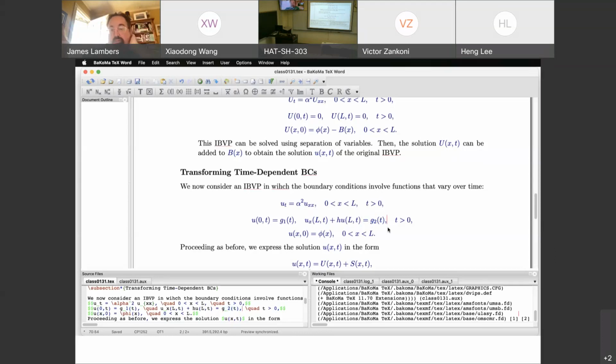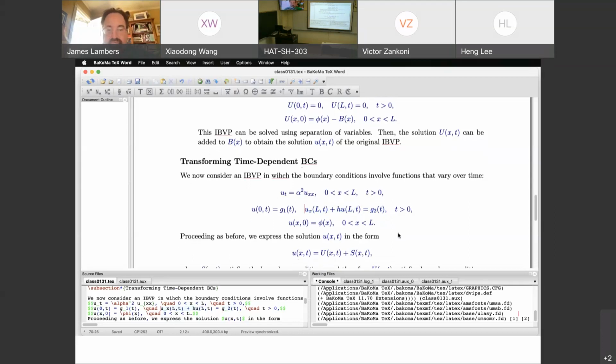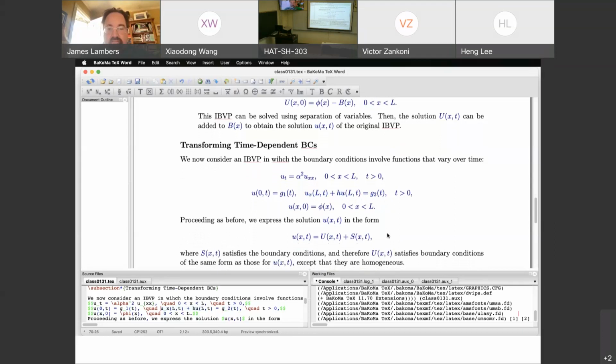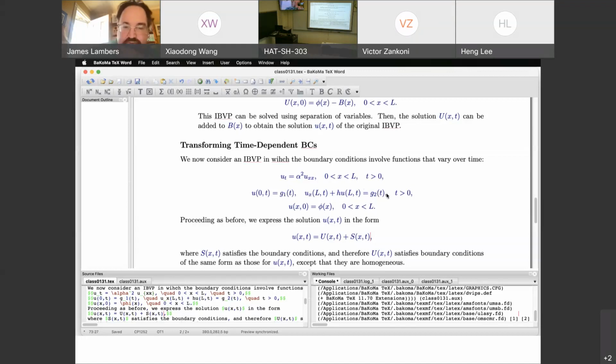So we're still going to use the same general approach with some modifications. And because of the more complicated boundary conditions, there's a bit more work involved. So here's how we're going to decompose the solution this time. Our boundary function now has to depend on t because of these boundary values depending on t, g1 and g2.